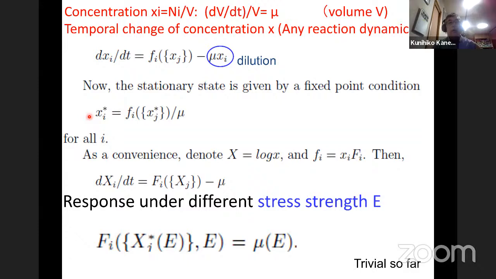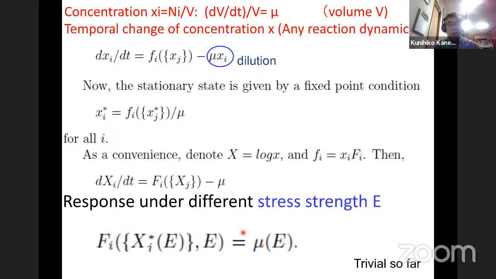As a convenience, it is often useful to use log x instead of x, the log concentration. Taking this F_i, we can rewrite the equation like this, and then the steady state condition is just given by this.